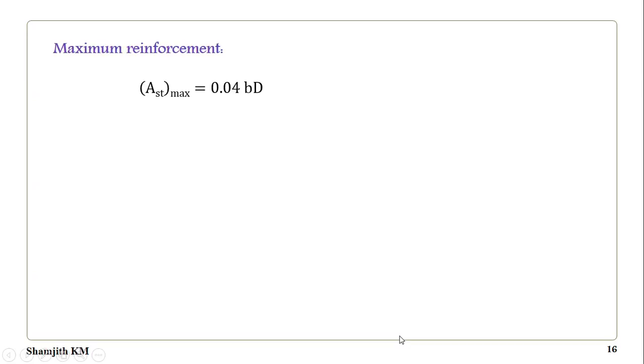Maximum AST is calculated as 4 percent of BD, that is, of the gross area. Here it is 0.04 into small b into capital D, the gross area, that is 0.04 into 350 into 650. We will be getting 9100. It is much higher than the 2454 that we have provided.